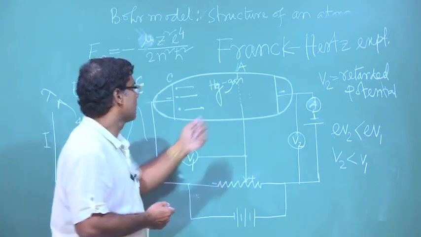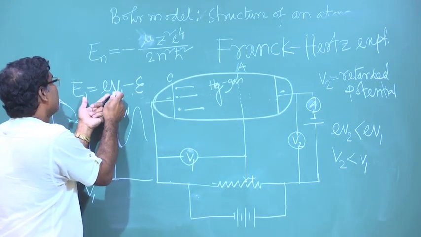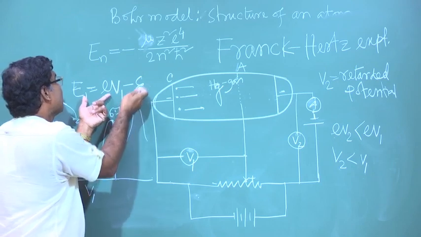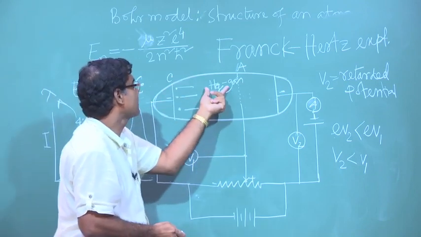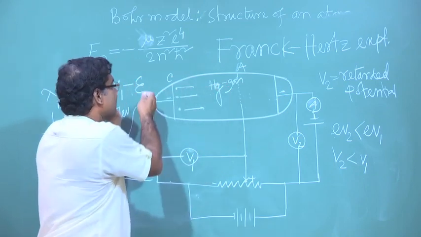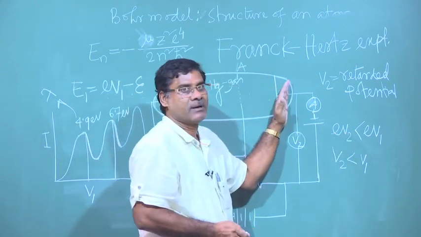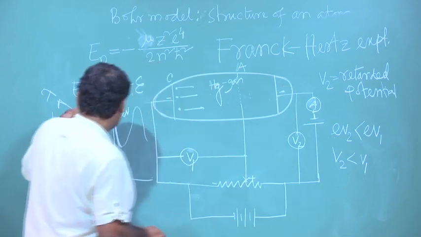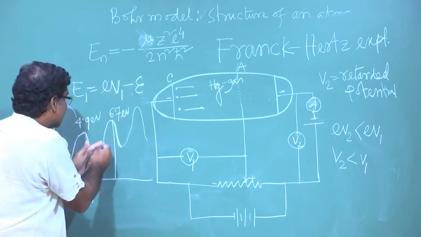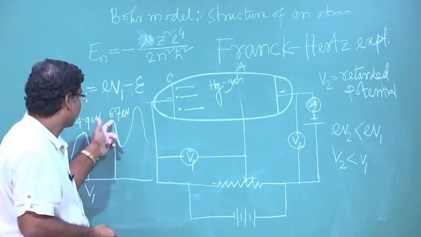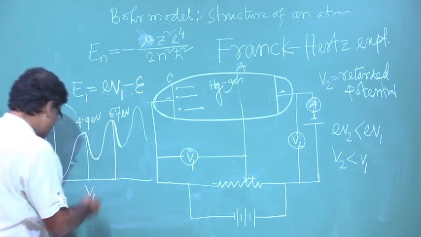After partly transferring energy to the mercury atom, the electron cannot reach the collector plate, and thus the current suddenly decreases. If you increase the energy again, it goes to the second level.